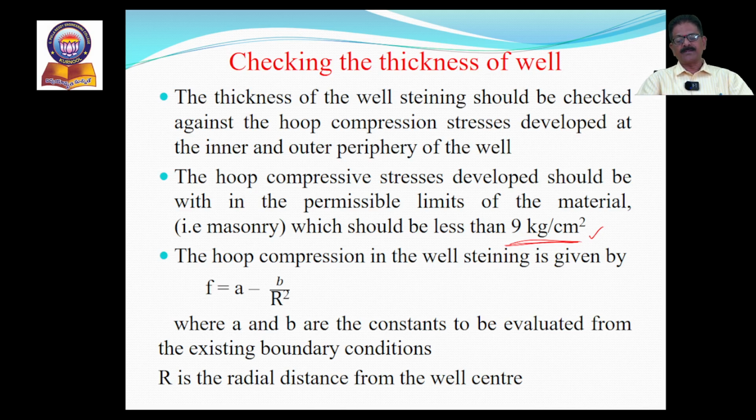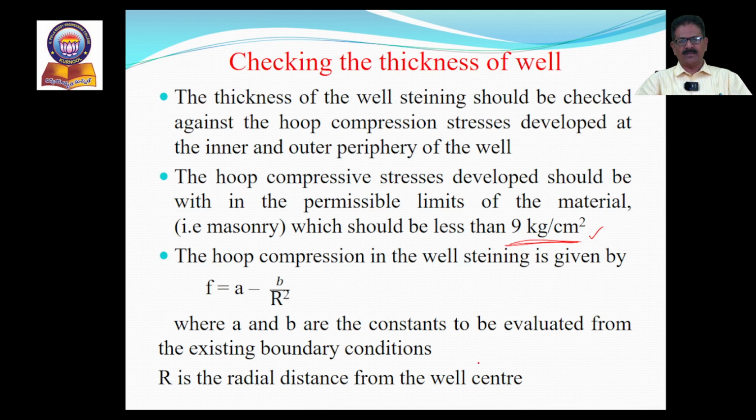The hoop compression in the well steining is given by a simple formula, F = A - B/R². Observe this formula: hoop compressive stress F is equal to A minus B by R square, where A and B are constants to be evaluated from the existing boundary conditions. This is another important point.